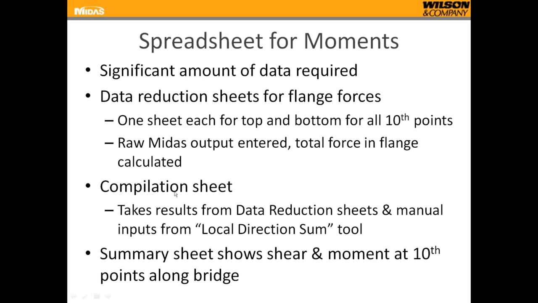And then there's the compilation sheet, so that takes all of the results from these. I think there's 18 of these, since I didn't do either end of the bridge for moment.